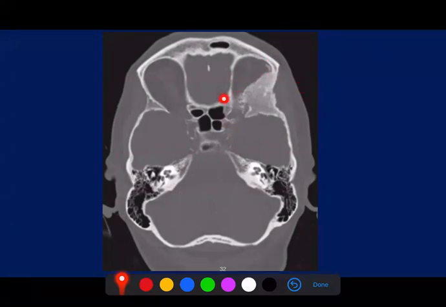So how do you describe this bone? So it is a hyperostotic enlargement of the sphenoid wing in the left side. Okay, so hyperostosis. So you can do MRI to delineate more in this area.